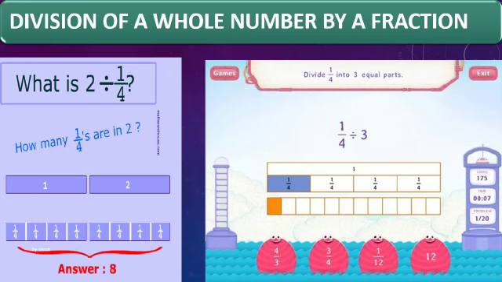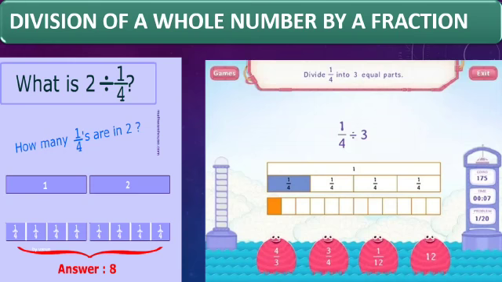Similarly, if we have to divide 1 by 4 into 3 equal parts, it means what? We have to divide 1 by 4 into 3 equal parts. How are we going to do that? See here. 1 can be divided into 4 parts, and each part is called 1 by 4. It is very easy.